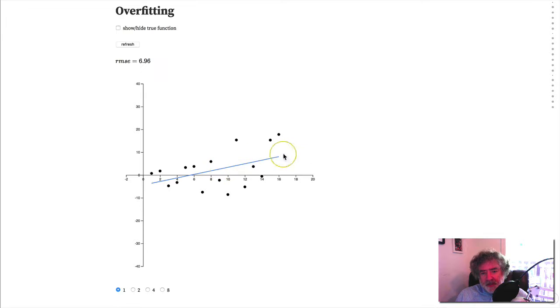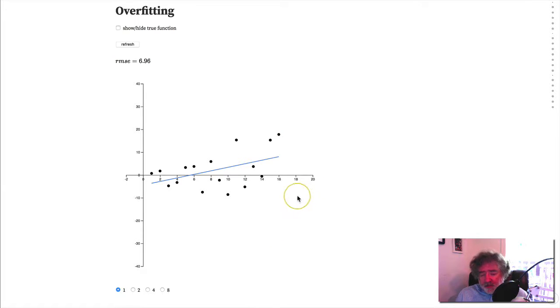So this blue line here is the absolute best fitting line to this cloud of points. It gives us a root mean square error of 6.96. So it seems like this line would be the best estimate of the true underlying function or line that gives rise to these points. And we'll take a look at what that is at the end.